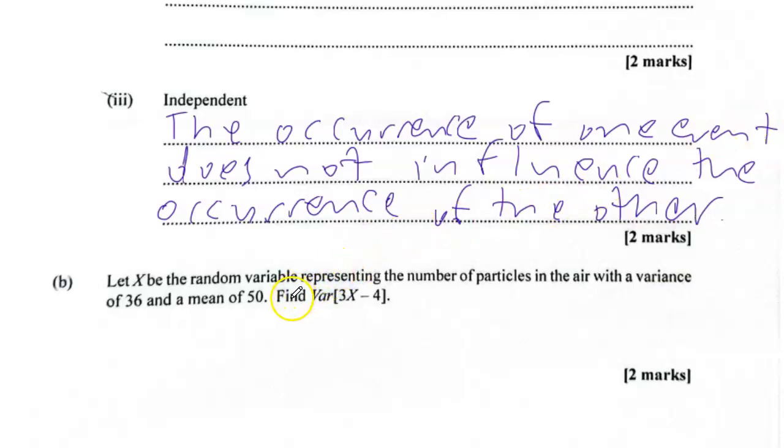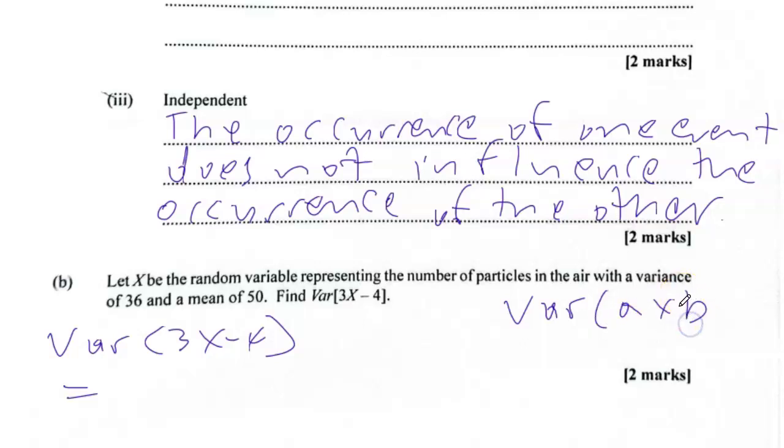Alright, part B. Let x be the random variable representing the number of particles in the air with a variance of 36 and a mean of 40. Find the variance of 3x minus 4, so that's a linear expression there. So the variance of a linear expression ax plus b is equal to a squared times the variance of x.